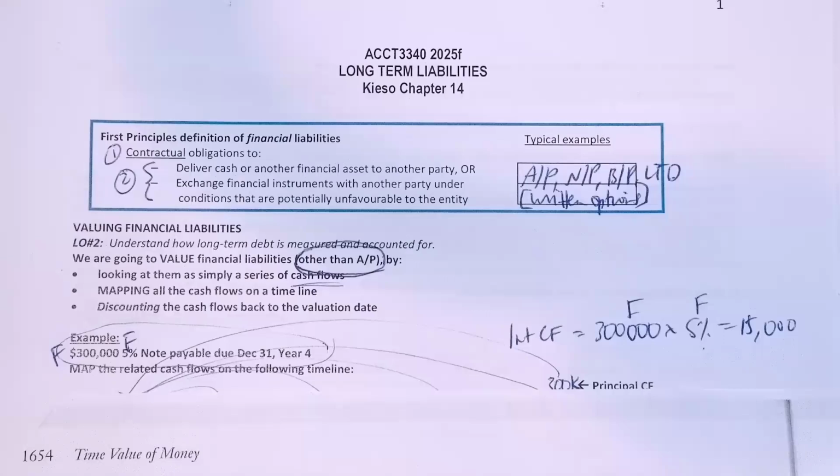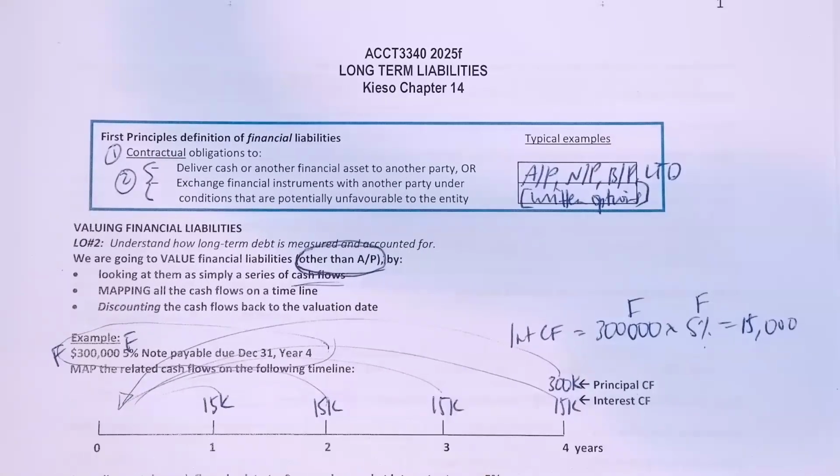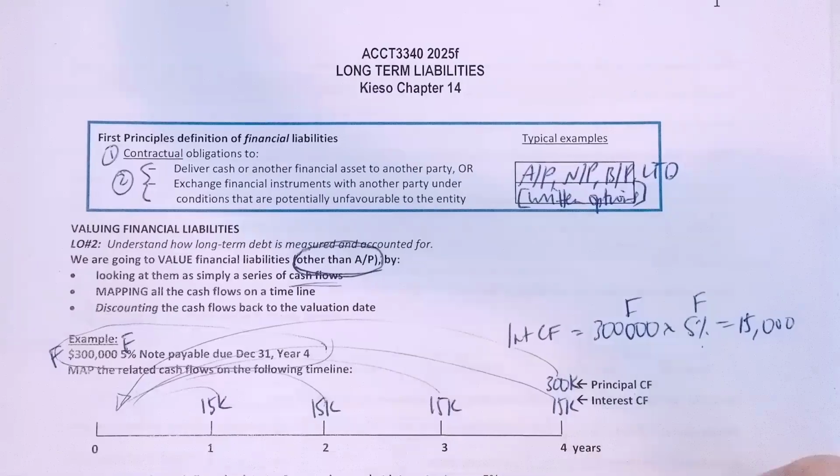And at the nexus of those two is my factor, 0.82270. That works out to 246,810.